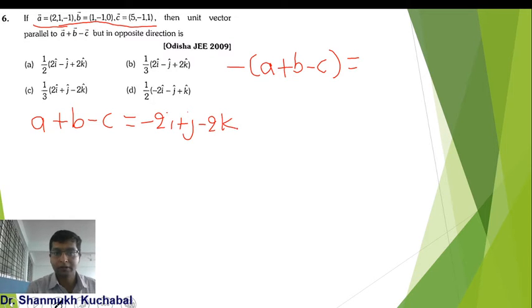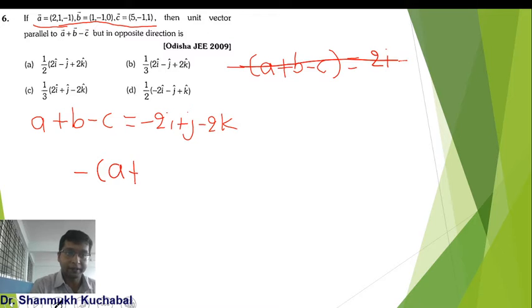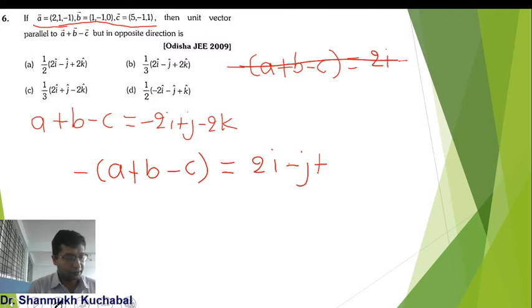So that we have to write it. Yes, so it is 2i minus j. Minus of A plus B minus C, multiplying by the minus sign, we get 2i minus j plus 2k. So the unit vector we have to write. So there are 3 vectors, so we have to divide by 3.